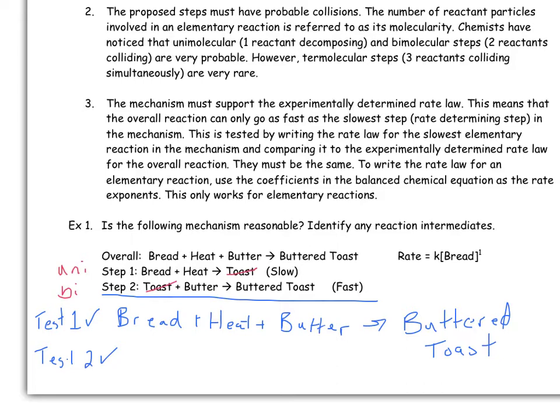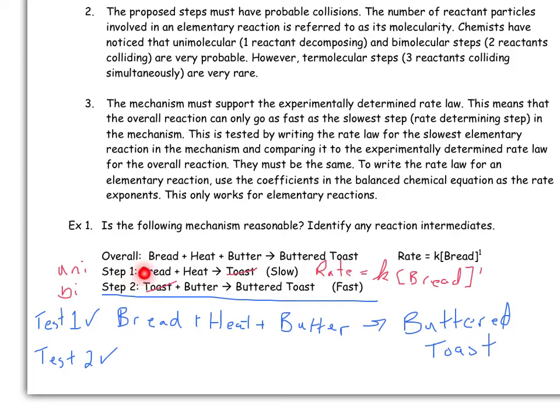For test 3, my overall reaction can only go as fast as the slowest step. The rate determining step in my mechanism is step 1. It takes far much longer for bread to turn into toast than it is to butter it. If I write the rate law for step 1, it will be as follows. Rate equals k times the concentration of my reactants raised to their coefficients in the balanced chemical equation.